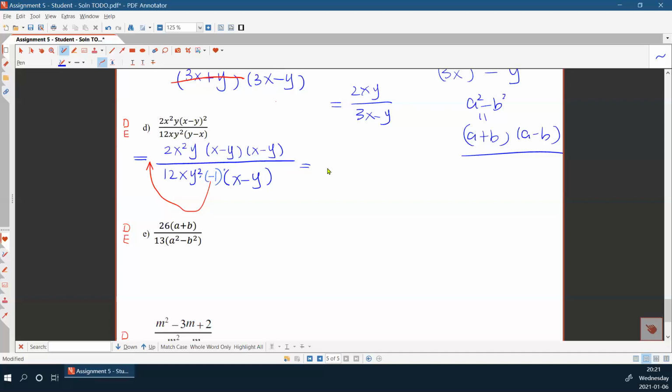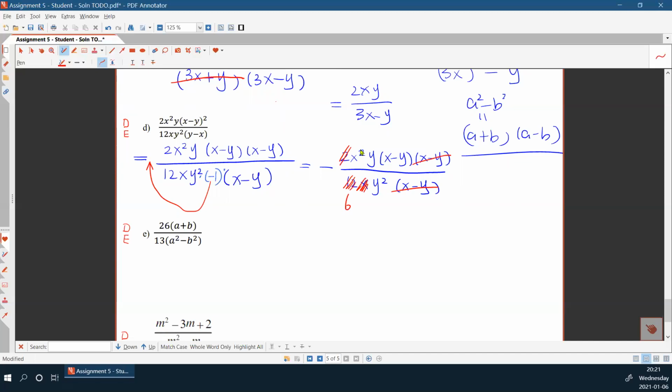Which gives you minus 2x squared y, x minus y, x minus y, and 12xy squared, x minus y. Then we can cancel x minus y here, and cancel a 2 here, which leaves us 6.